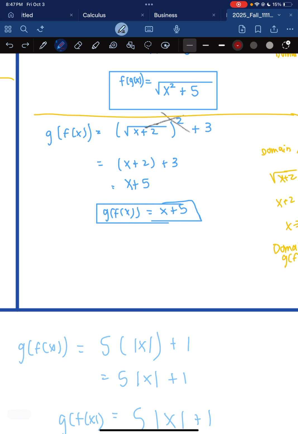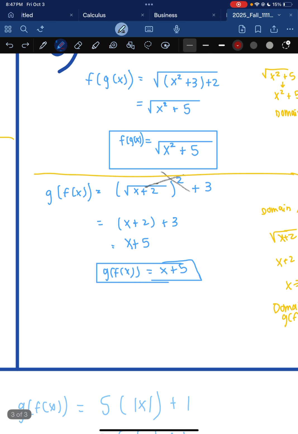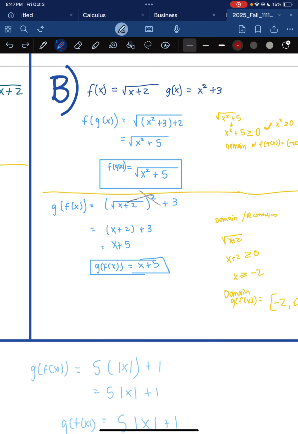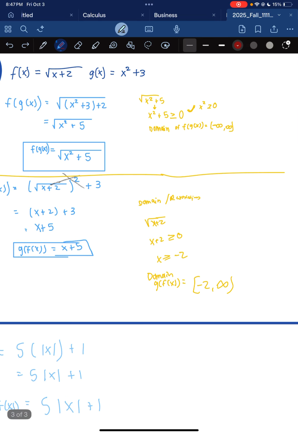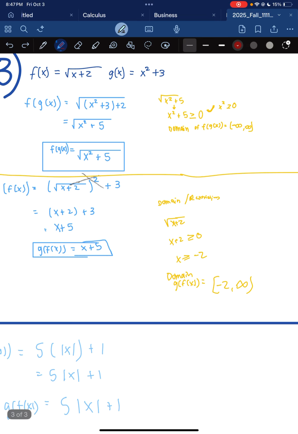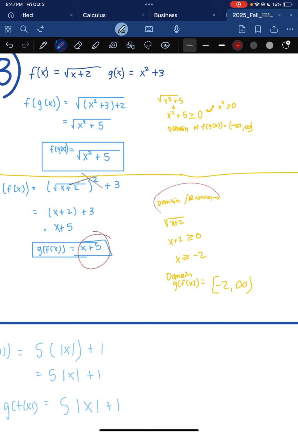Same thing for g of x. Just plug that in. The square root and the square cancel out. Our final answer is x plus 5. For this, we have to go back to the original problem, which is x plus 2, which gives us x plus 2 is greater than or equal to 0.